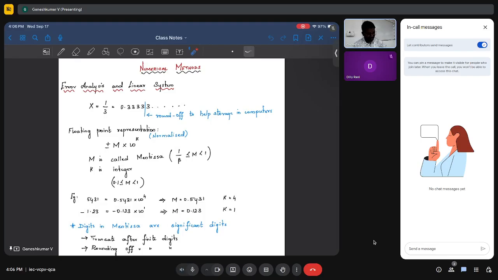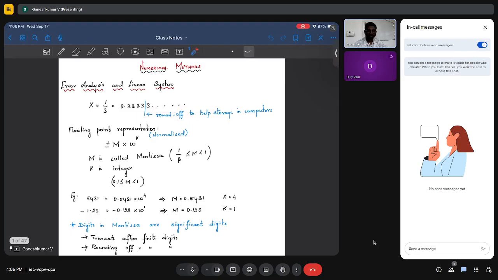In a computer, we need to store a number, and let's say it is an irrational number, something like 1 by 3. In principle it has infinite digits after the decimal point, but we cannot store every digit in a computer, so we need to round off at some point.